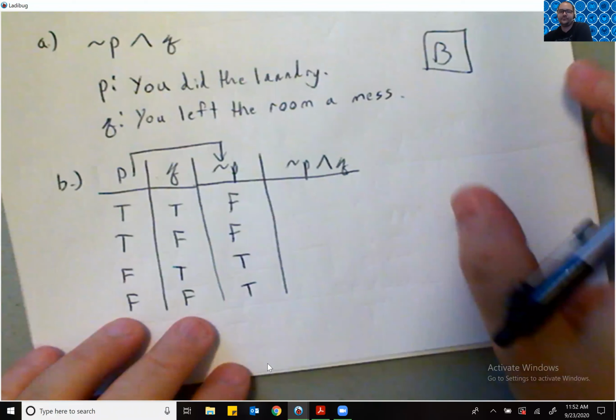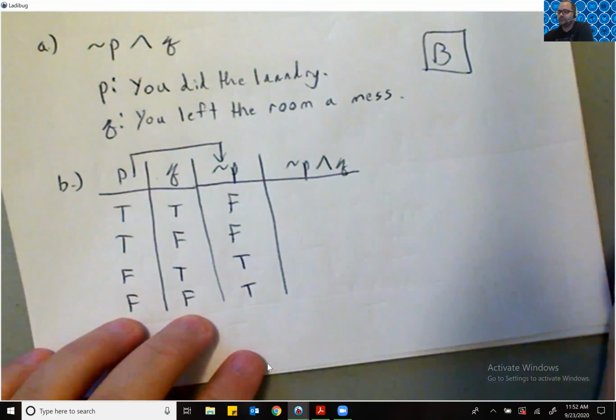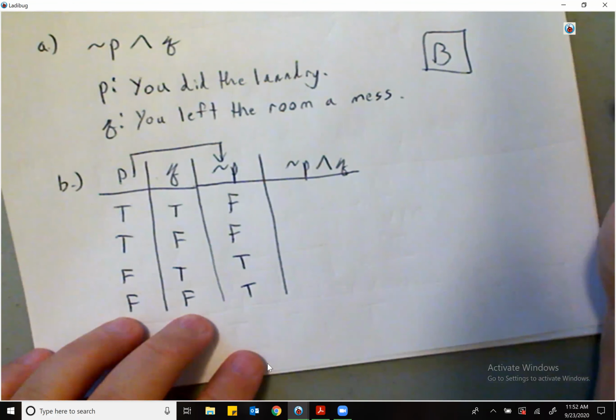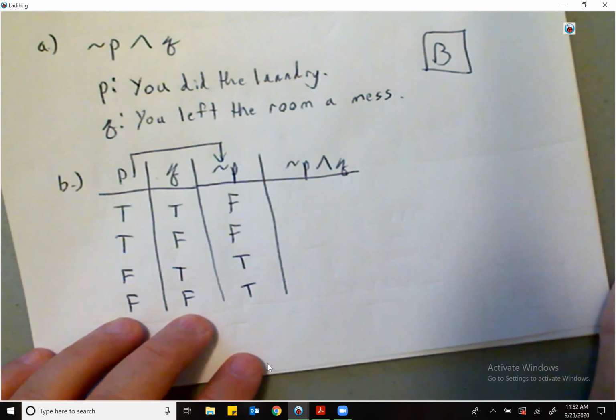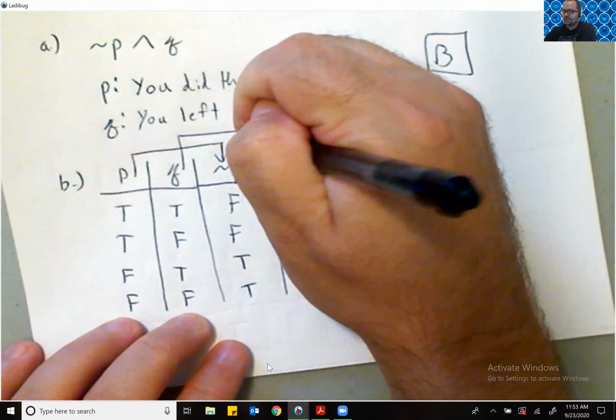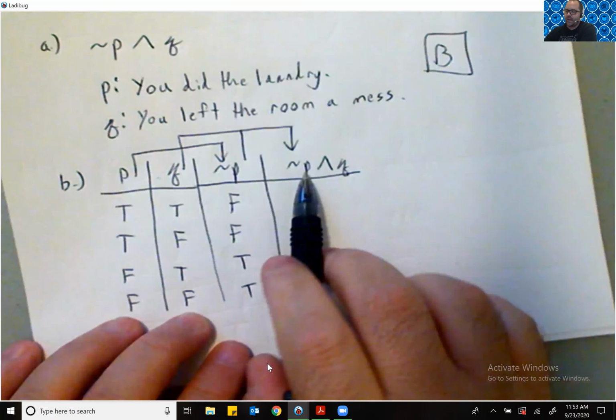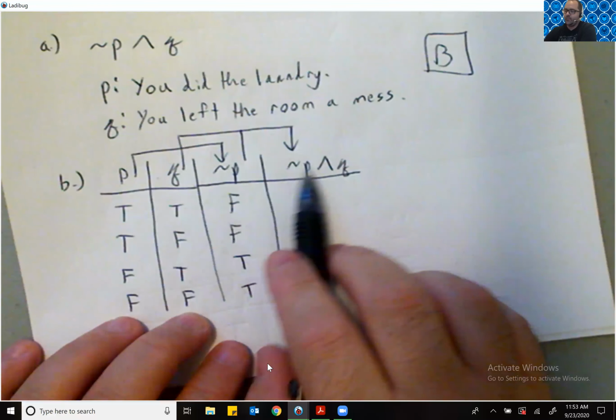Which two columns am I going to look at? Well, I'd say the first column. Not the first P column. So we're looking at the second two columns, the Q and the negative P. You got it. These are telling you exactly which two columns to look at. We need the negate P and we need the Q.